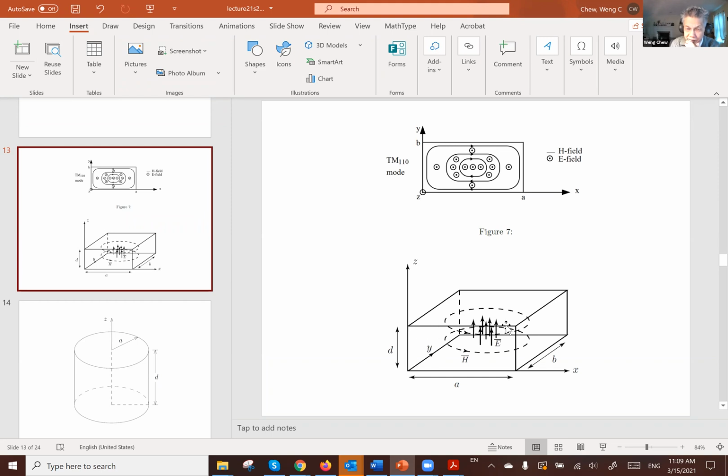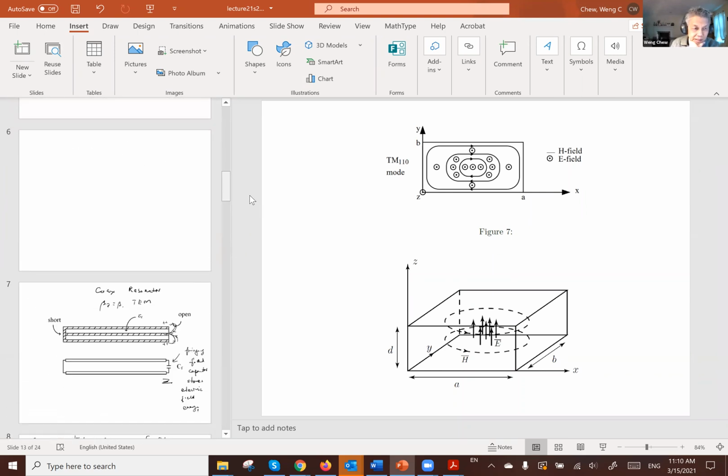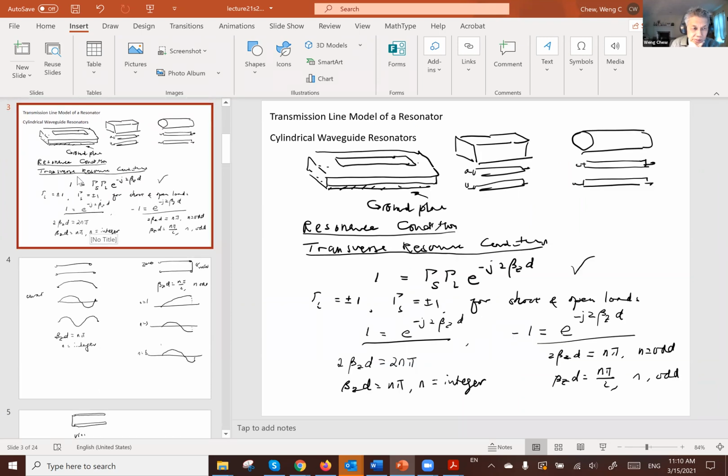And if we make this into a resonator cavity, by making D the smallest dimension of A, B, and D, and then we short this cavity with a short circuit at this end and a short circuit at this end, then this will correspond to this equation that we have in the beginning, where we had the case where we put a shorted termination at both ends. We will have this set of equations over here.